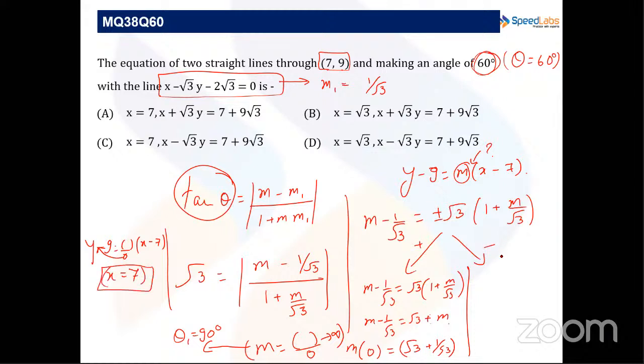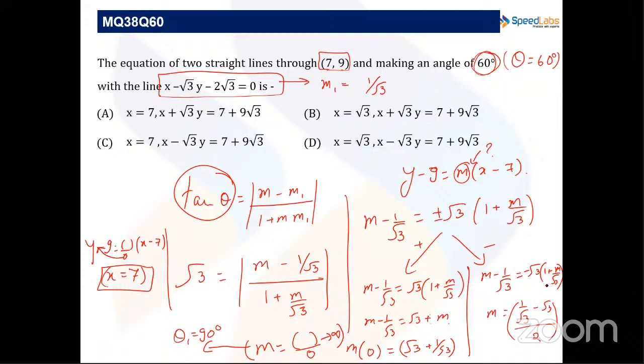And now taking the negative sign, we will find m minus 1 by root 3 equals minus root 3 into 1 plus m by root 3. On solving this, you will get m equals 1 by root 3 minus root 3 whole upon 2.